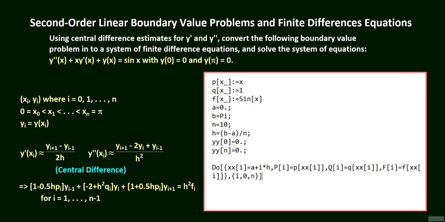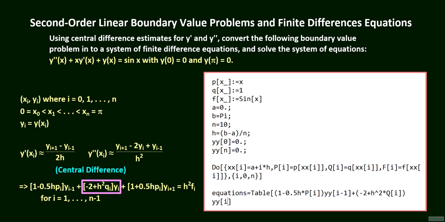In the code, we type equations for all the equations. For this, we use the Table command. For each index i, the first term in the equation is the quantity 1 minus 0.5 times h times P_i, times y_{i-1}. This is followed by plus the quantity minus 2 plus h squared times Q_i, times y_i.